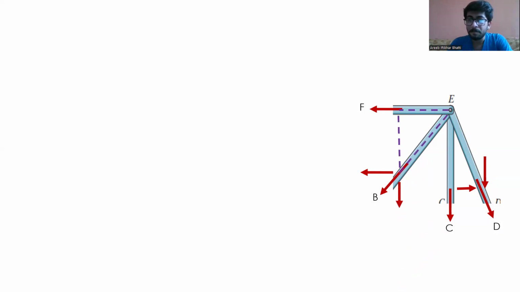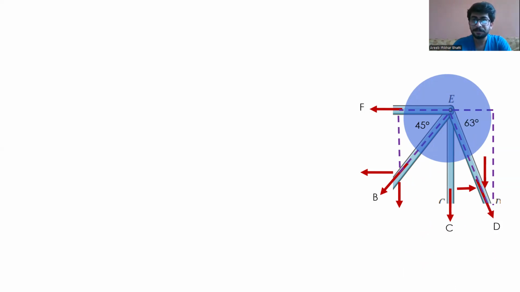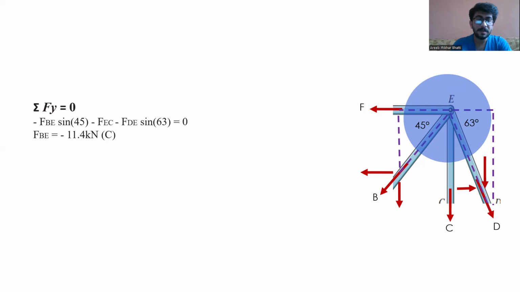The angle that these members are making is basically 45 degrees, and it is the angle between the members FE and the member EB, and member ED is making an angle of about 63 degrees. So forces in y direction is given as minus FBE force with its vertical component sine of angle 45, negative force in the member AC and negative force in the member DE with its vertical component sine with angle 63.